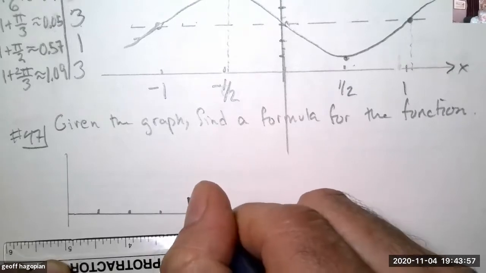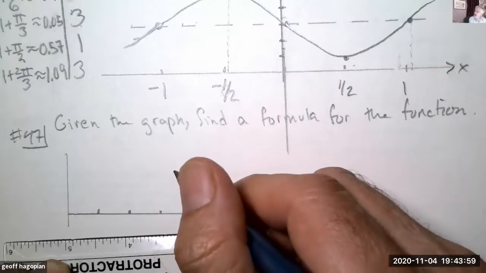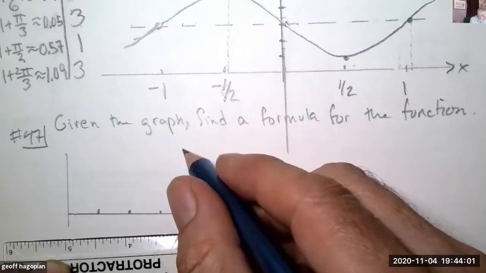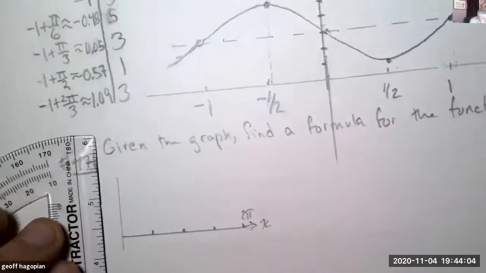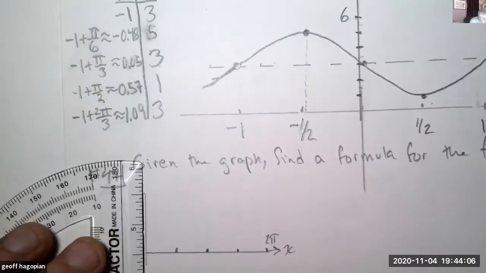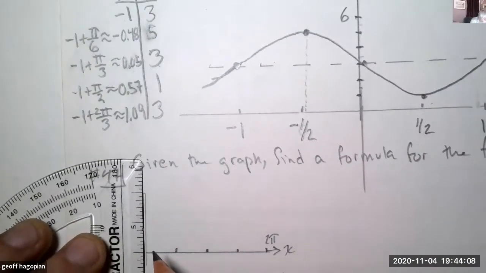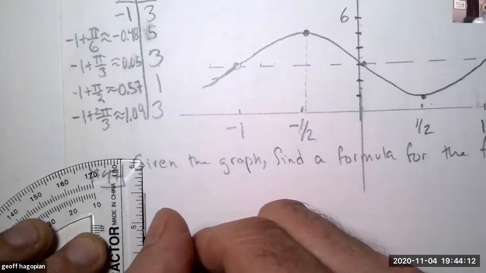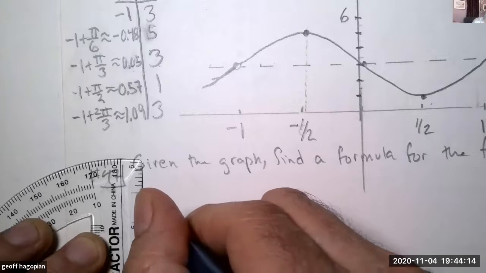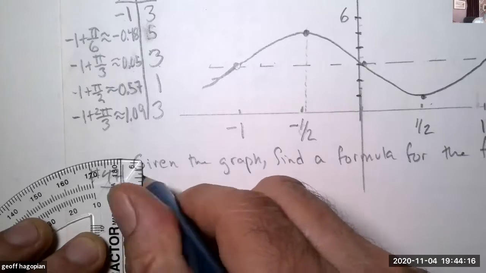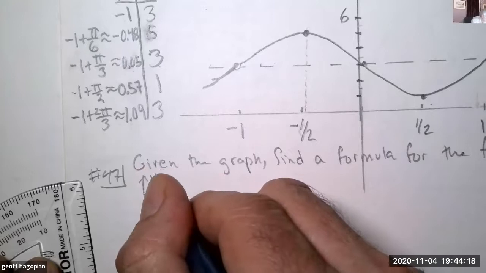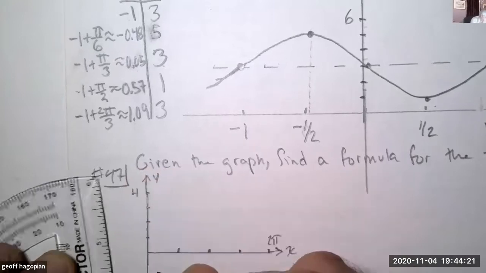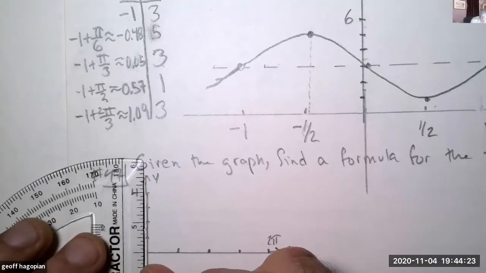And they say that this is 2 pi here, and this is 4 units up and 4 units down. So let me extend this down and say 1/4 inch is a unit. And so here's 4 1/4 inch lengths. This is the y-axis. This is 4, and here's 4 down.